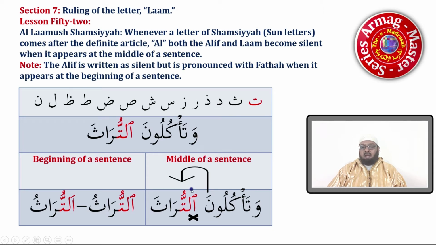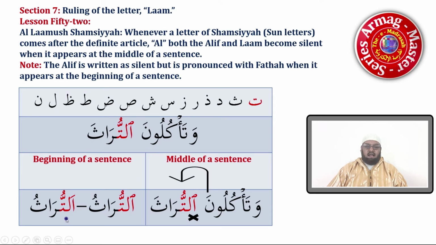In the other example, if they appear at the beginning of a sentence, we will have the alif and lam written but not pronounced, but we will have to put an additional fatha on top of the alif, which we learned in our last lesson. So the example will be like this, at-turathu, if it comes at the beginning of a word or a sentence.